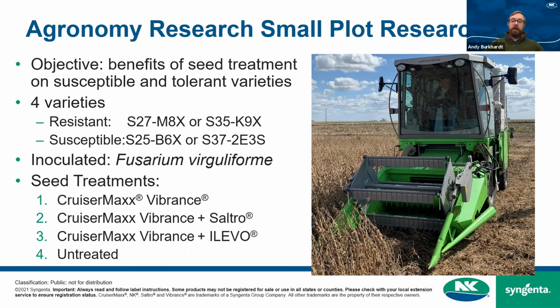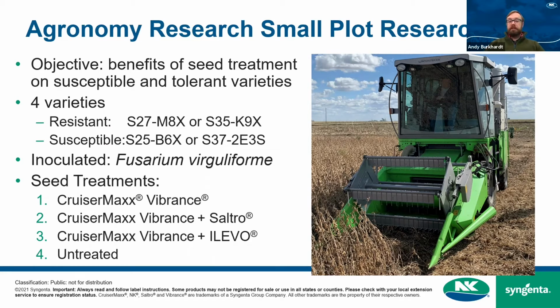And then on top of that, we had either Saltro or Alivo. Also included was a true untreated check, a naked soybean. So where possible, we inoculated the trial with Fusarium virguliforme. The only location not inoculated was our South Dakota site, simply because SDS hasn't been documented in that region yet.